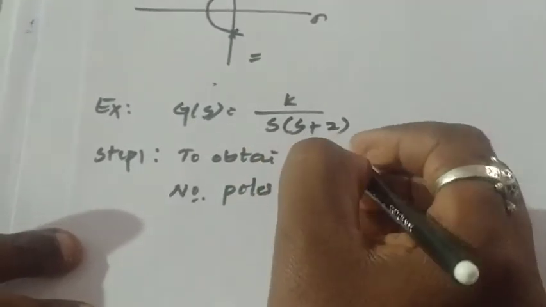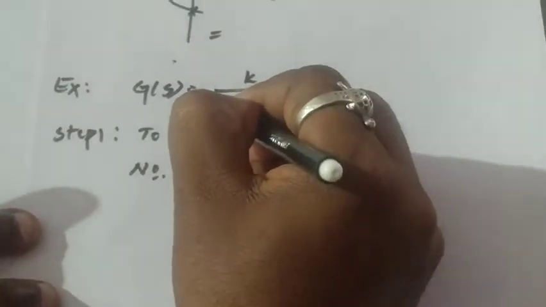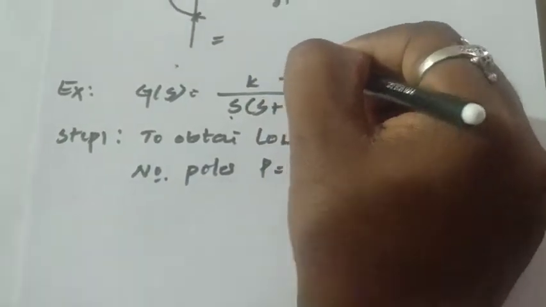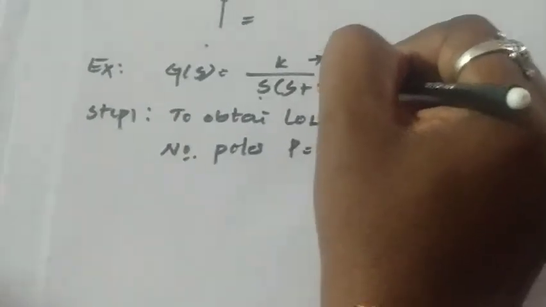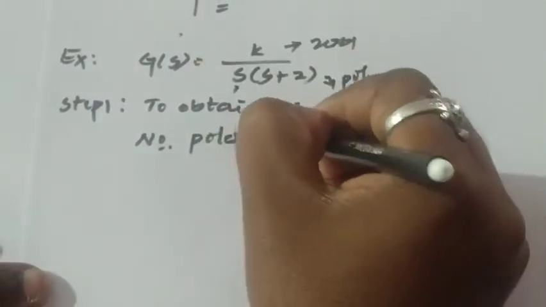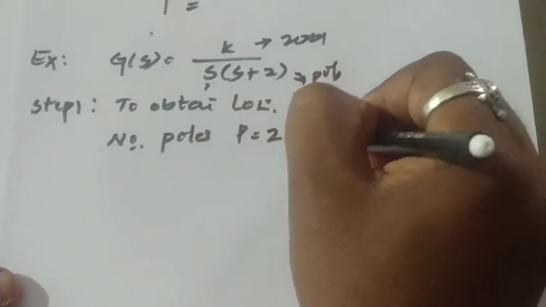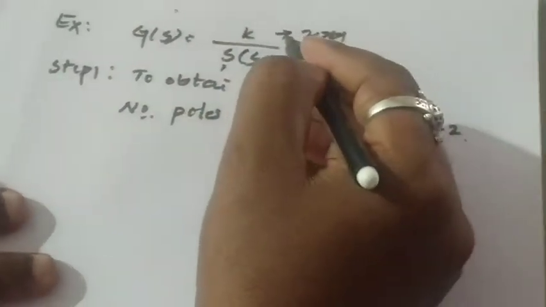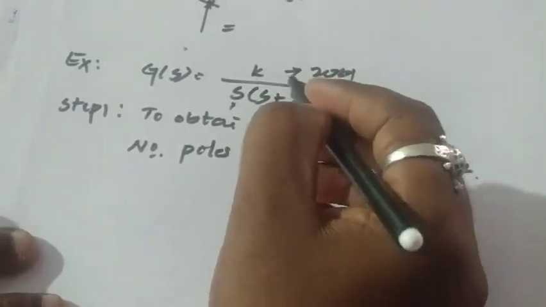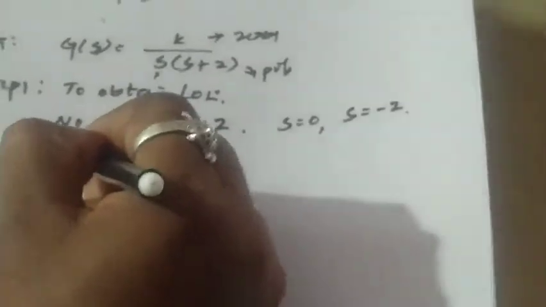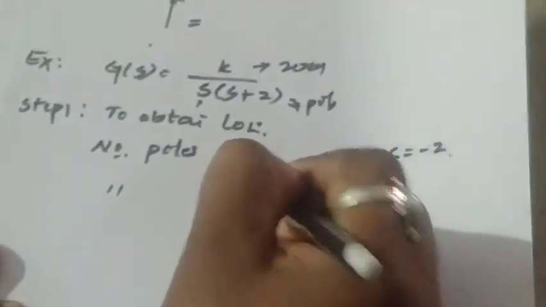The numerator will represent zeros, the denominator will represent poles. So s is equal to 2 and s is equal to minus 2. 2 poles are there. Are there any s terms in the numerator? No. Therefore the number of zeros will be 0.